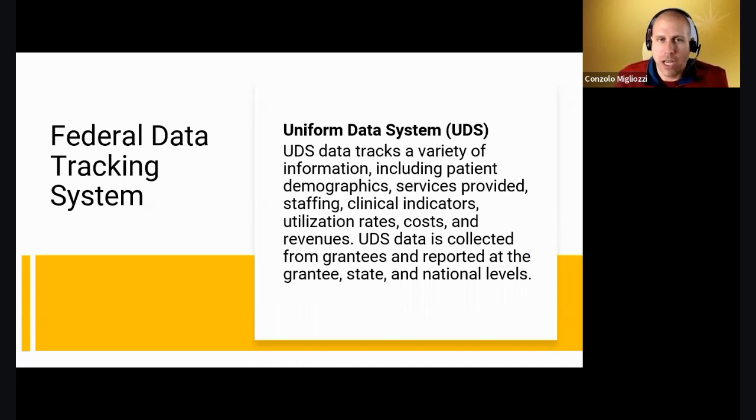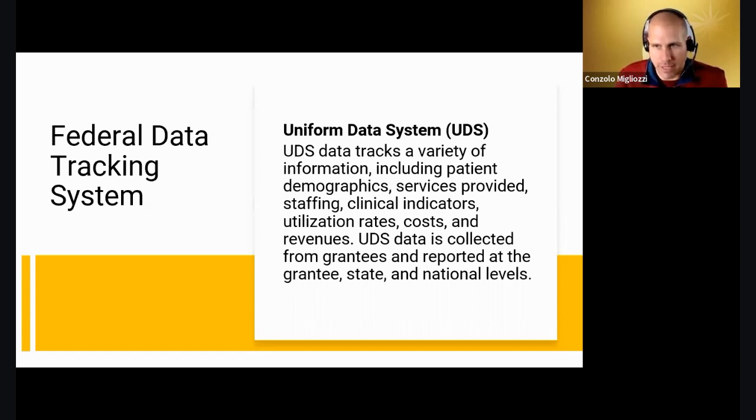And then there's this uniform data system. The data tracks a variety of information, including patient demographics, services provided, staffing, clinical indicators, and the costs. This data is collected from grantees and reported at the grantee, state, and national levels. This is a way that the federal government determines which performance indicators are going to be used for healthcare, and it requires certain organizations to report this data.